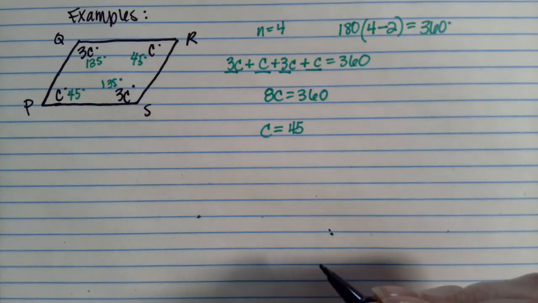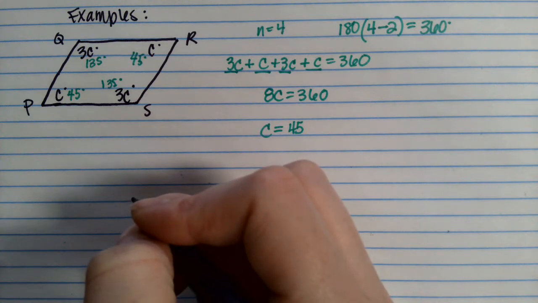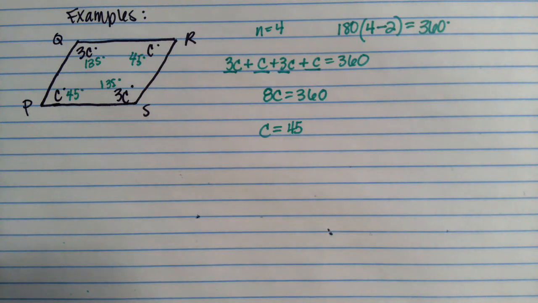Now let's do one more using the exterior sum theorem. It's pretty much the same, but they extend out all the sides. So let me show you an example.